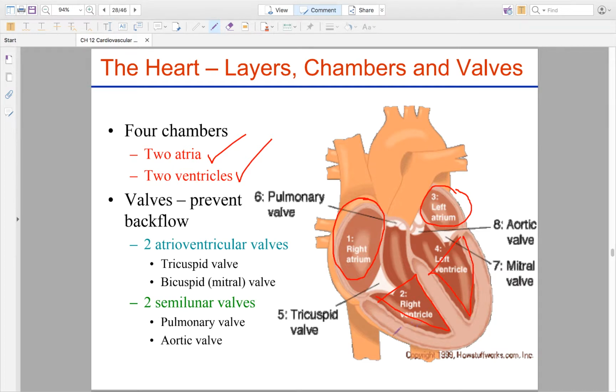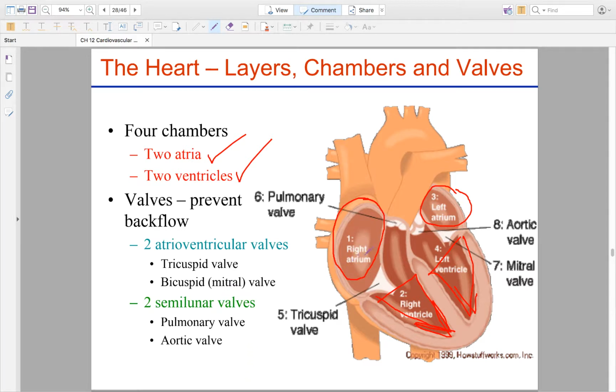An easy way to remember this is if you look at this picture, ventricles look like a V. V for ventricle. So that was 2 atria, 2 ventricles, left and right side: right atrium, right ventricle, left atrium, left ventricle.